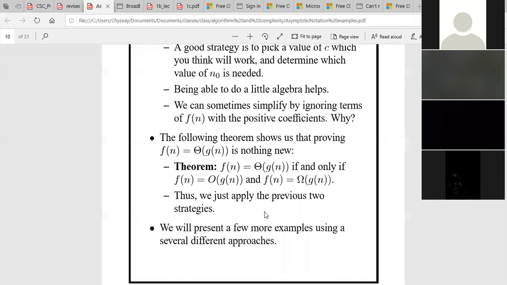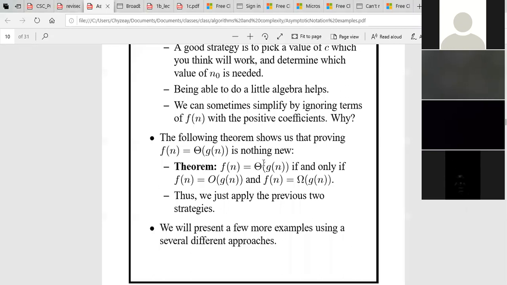You must know that when an expression is true for K, how far is it true for K plus 1? That is what we are doing, where we said that we will need a little algebra to help you do the tuning. So we can often simplify by ignoring the terms of f of n with positive constants.